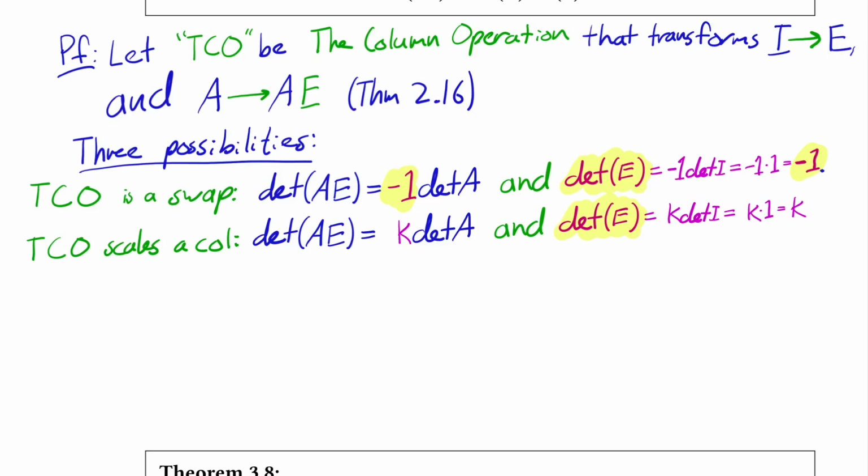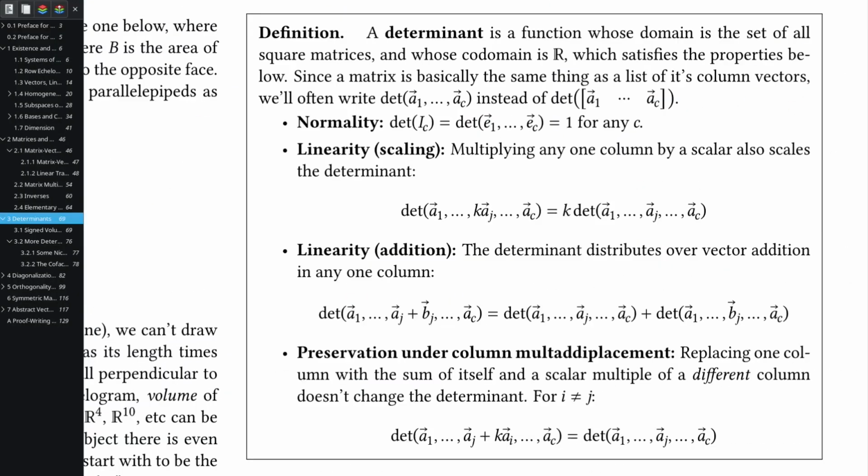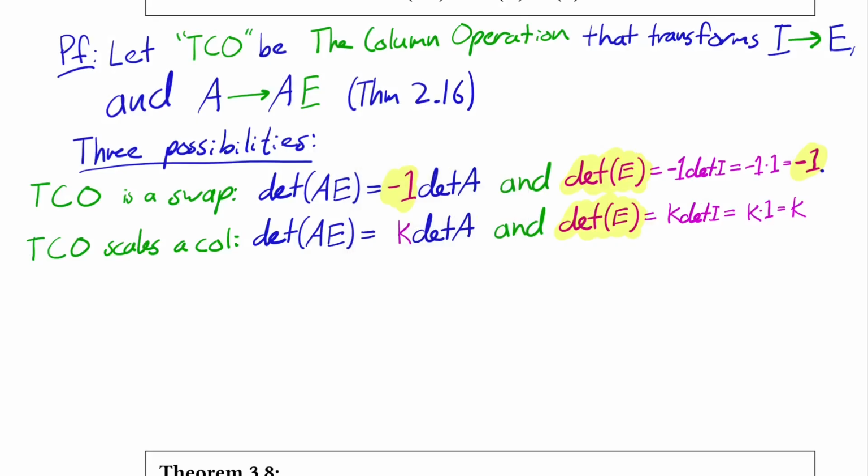So if it's a scaling operation, by scaling linearity, we know the determinant of AE, the result of scaling that column, is K times the determinant of A. Now, the same principle applies to the columns of the identity matrix.